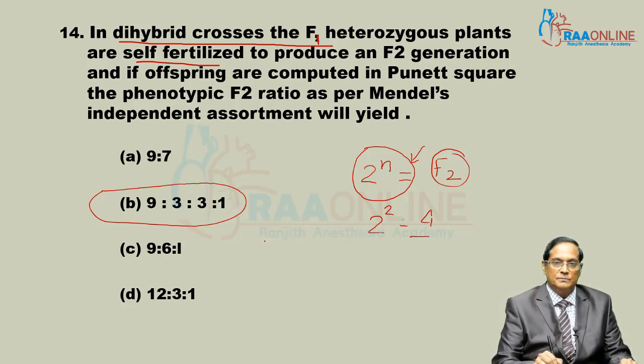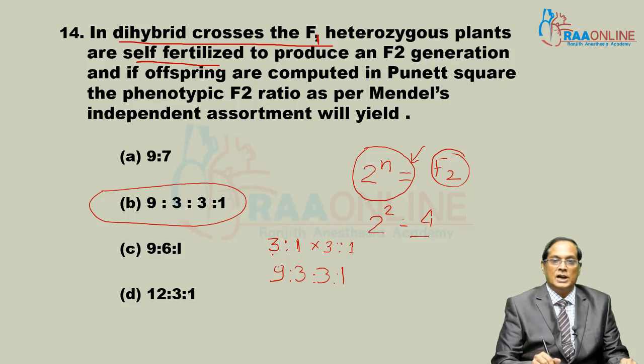That is very simple. In a monohybrid cross the ratio is 3:1. In a dihybrid cross you should multiply 3:1 with 3:1. Then check this: 3 times 3 is 9, 3 times 1 is 3, 1 times 3 is 3, and 1 times 1 is 1. That is the answer.